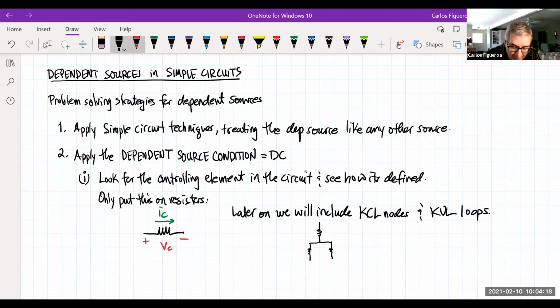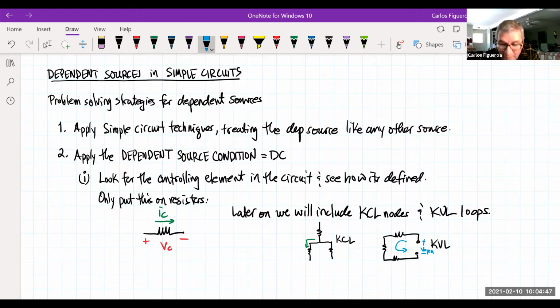And you might have to apply KCL to actually find the current through that guy right there. Or you may have a loop where something like this, where you have to apply KVL to get the voltage of this open.